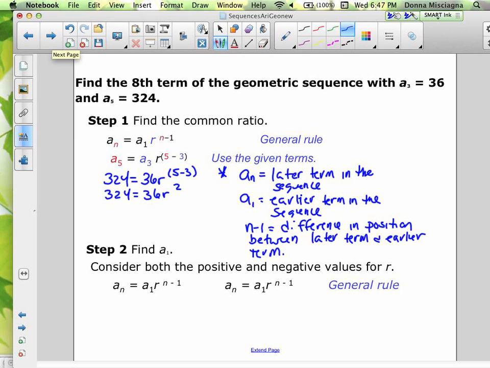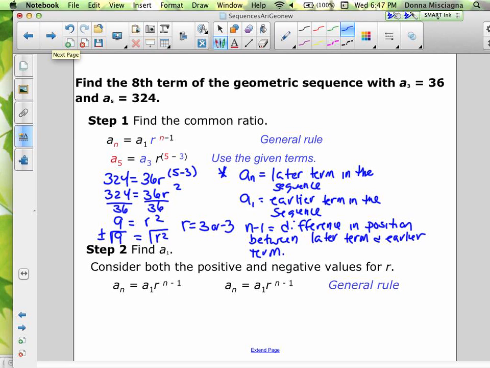All right, we're going to isolate our R squared, which means we have to divide both sides by 36. Okay, 324 divided by 36 is 9. And we know that when we solve with a square root, we have two solutions, a positive solution and a negative solution. So R here is either 3 or negative 3. Can't really tell from those two terms there, right?